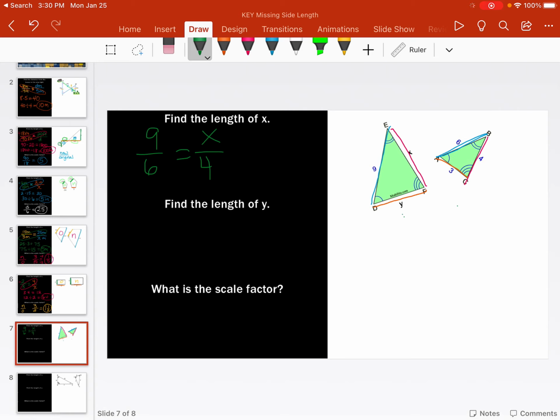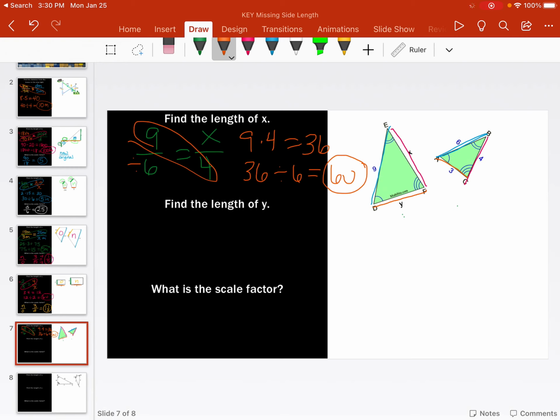I'm using the left one on top, the right one on bottom. Go ahead, cross multiply and divide. So 9 times 4 is 36, and then 36 divided by 6 is 6. They didn't give me a unit, so just 6u, or 6 units.